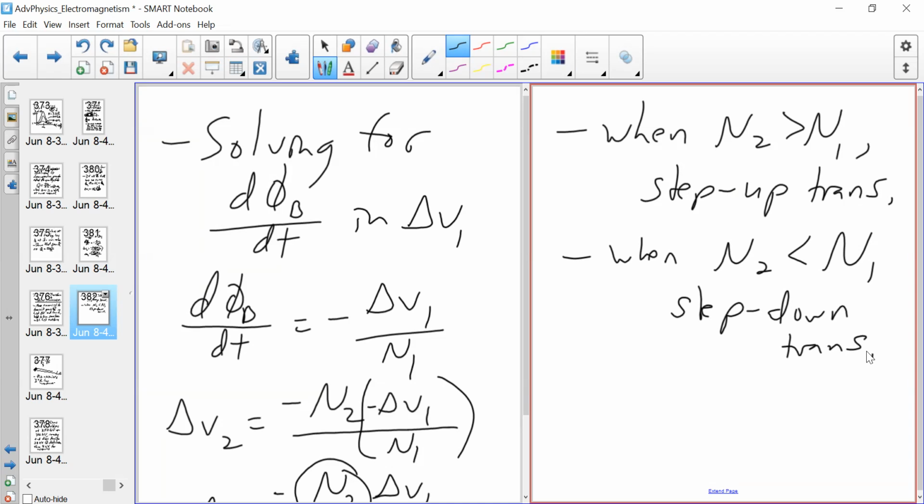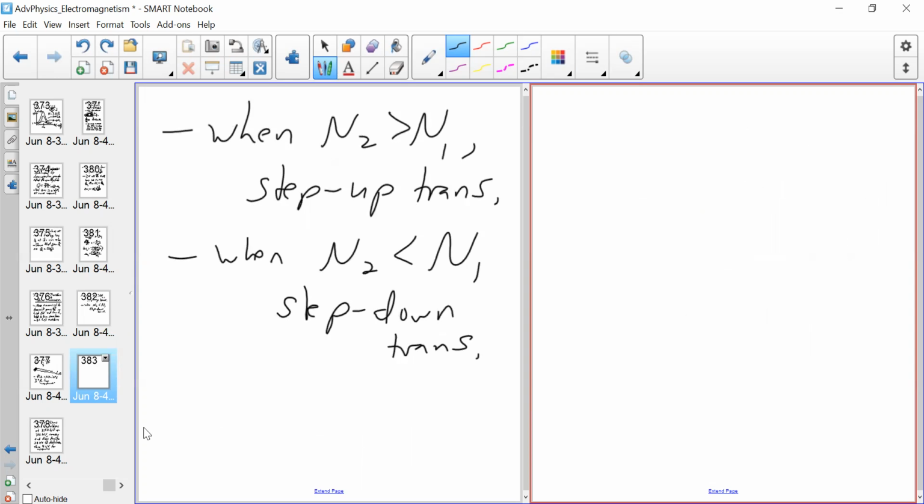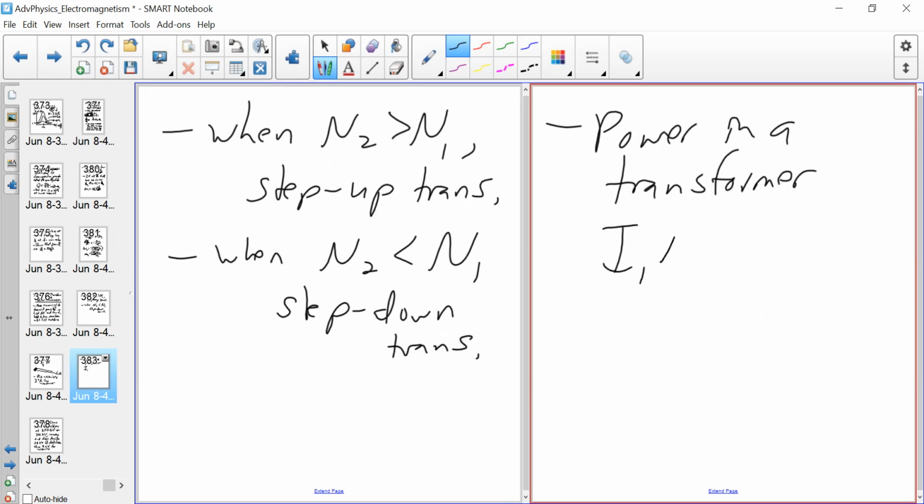Let's talk about power in a transformer. We know our basic equation for power, I delta V, so I1 delta V1 is going to be equal to I2 delta V2.